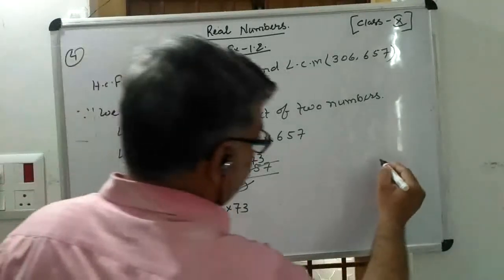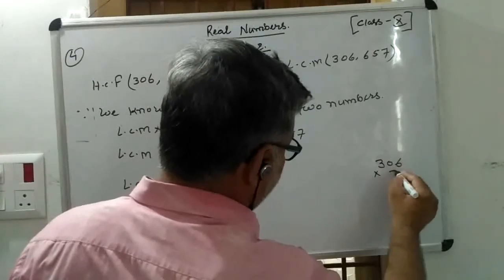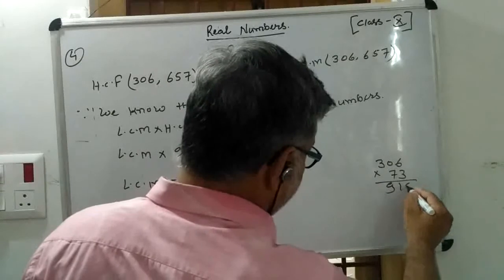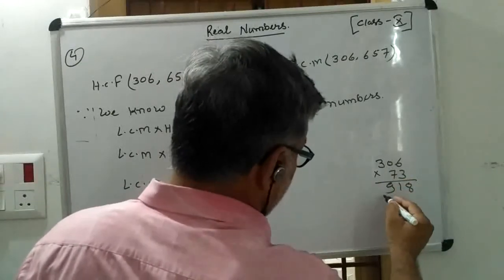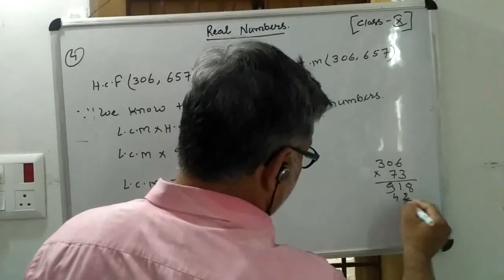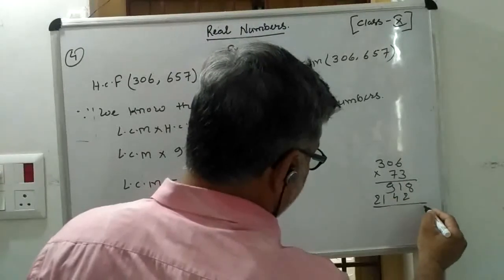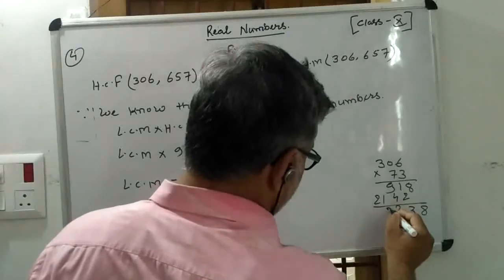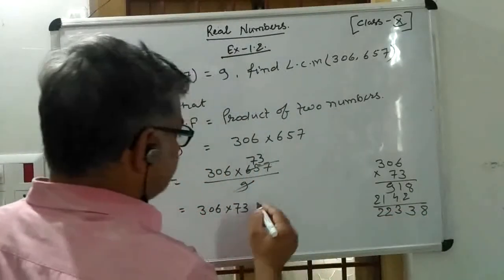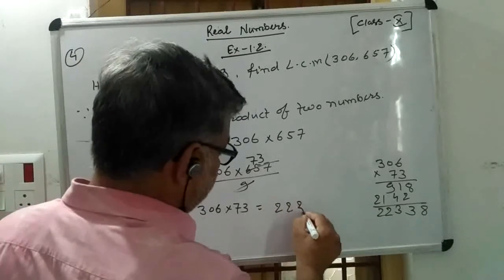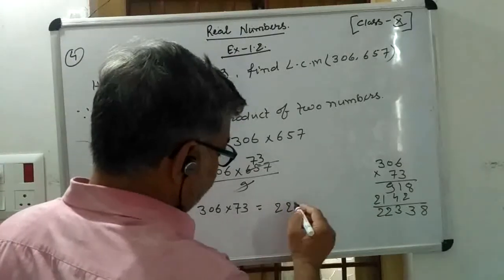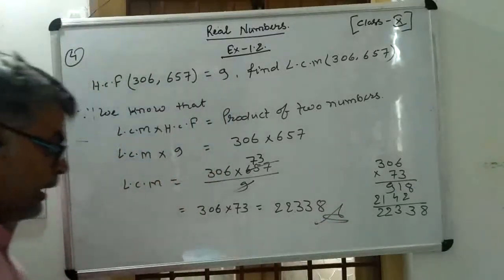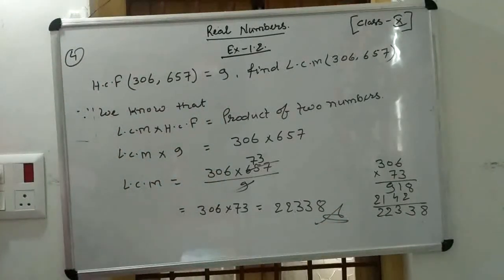Now you multiply together, 306 into 73 will be 918, and thereafter 21420. Add it together, 22338 is the required LCM of these two numbers.